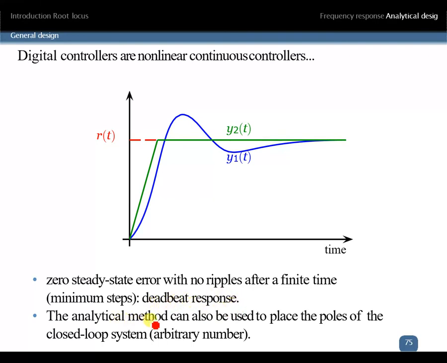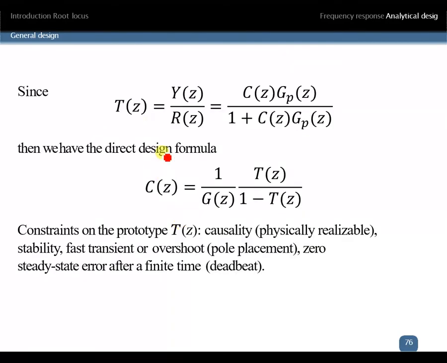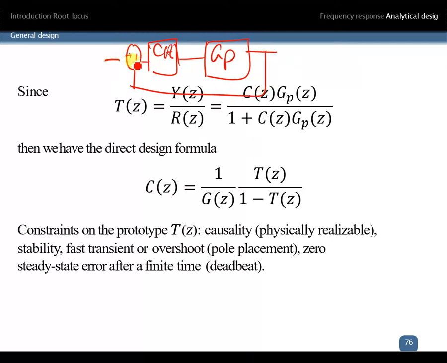The analytical method can also be used to place the poles of the closed-loop system, and we start with T(z). The transfer function will be the controller multiplied by the plant G(z). Here is C(z), and you write the closed loop of the system.